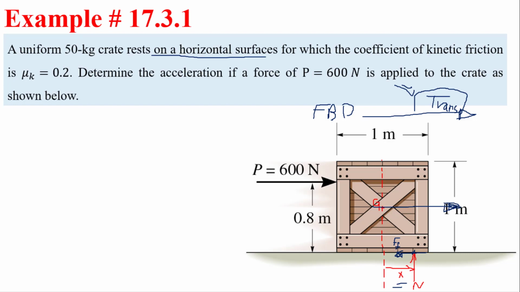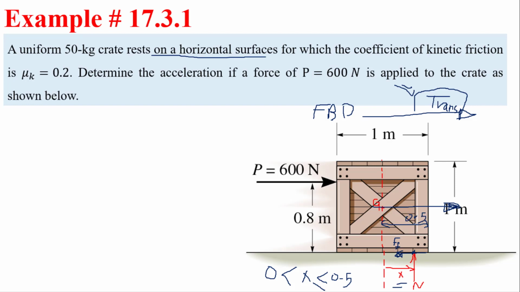How we make sure that this assumption is correct? By assuming that the normal force acting on this point, which is far away x from the centroid, where x is greater than 0 and less or equal to the 0.5, which is half the distance. So this distance is 0.5. Okay.